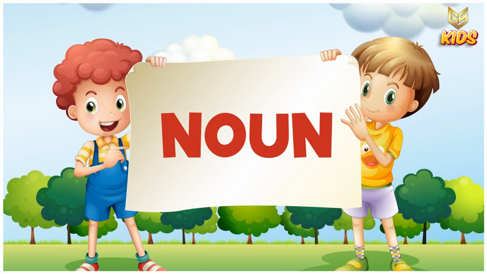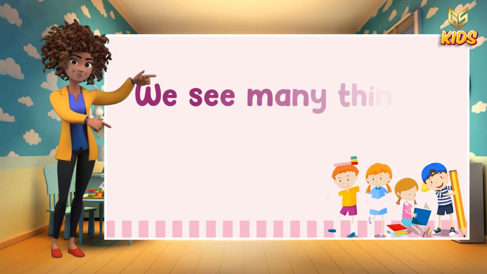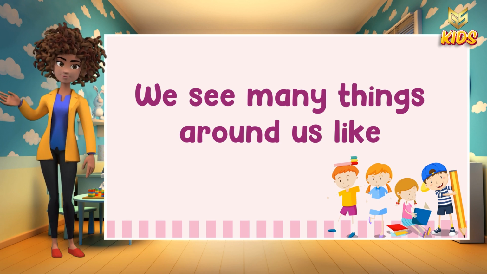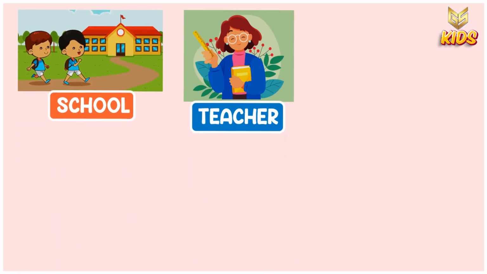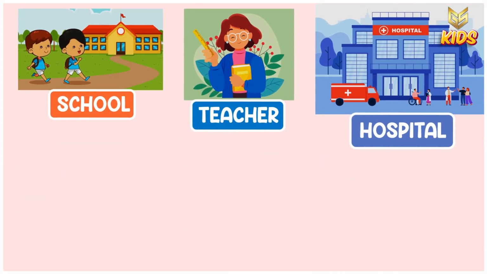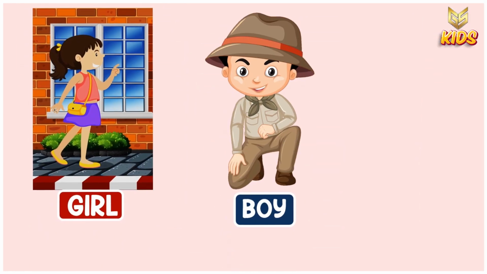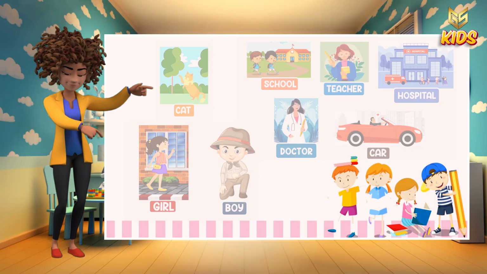Noun. So what is noun? Children, we see many things around us. Right children? We see many things around us like school, teacher, hospital, doctor, car, girl, boy, cat, and many things.